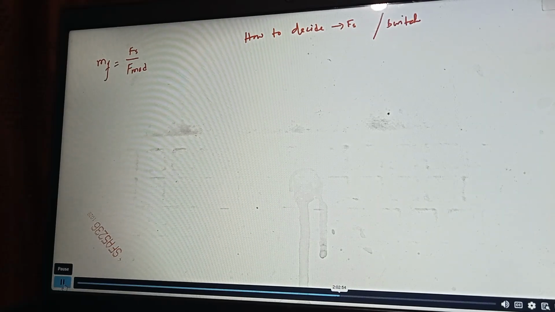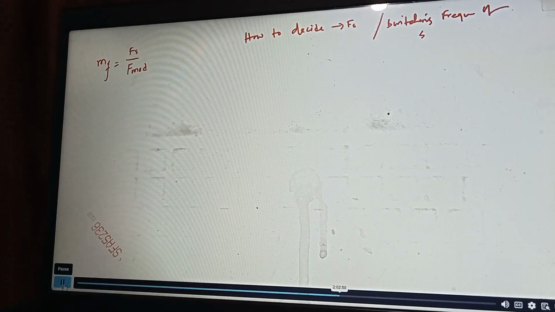Now, if someone asks you, how do you decide Fs? What is Fs? It is ultimately going to be the switching frequency of the switches. It is also going to be the triangular carrier frequency.